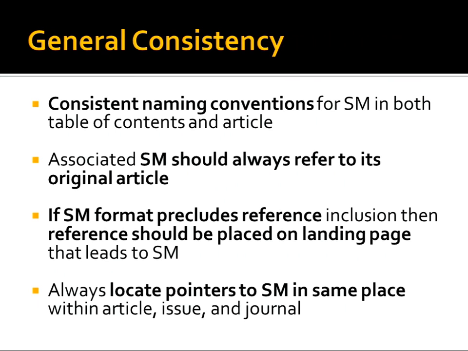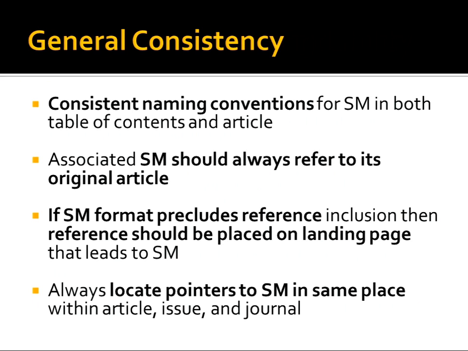So for example, if it's a 3D object or if it's a video where you can actually embed citation information or reference or linking information within it, then create a landing page that you get to before you get into it with that information. So as many labels and as many signposts and as much navigational linking back and forth between the main article content and the supplemental materials is what's key.